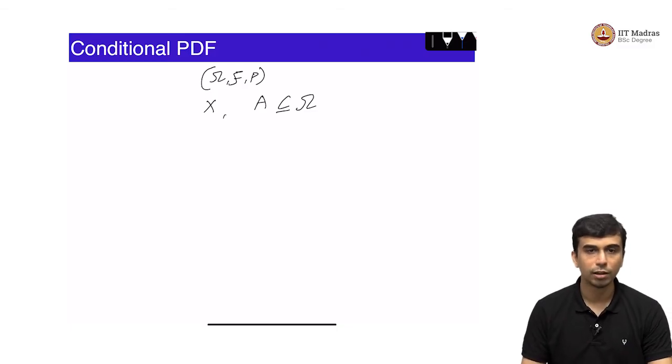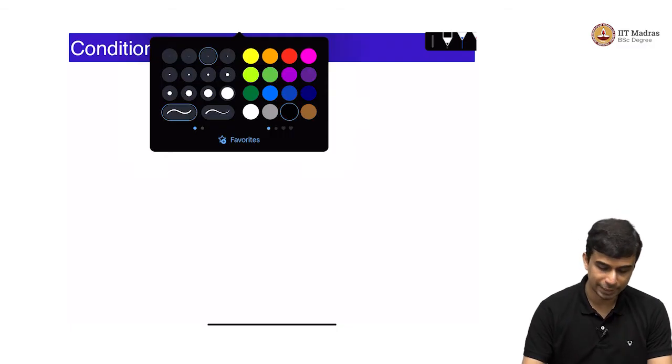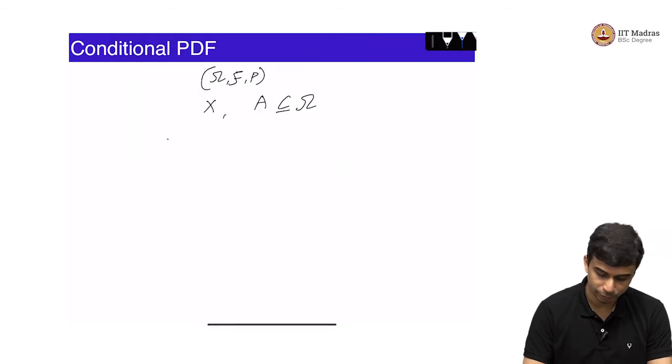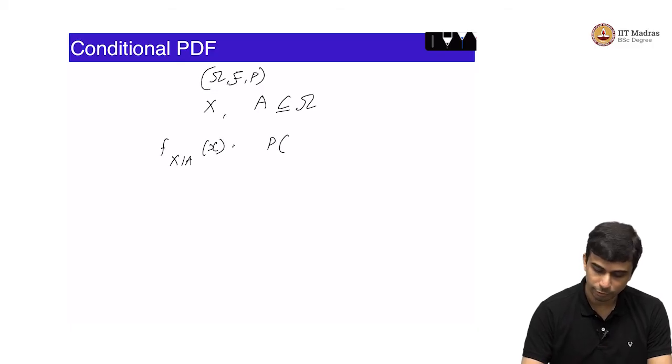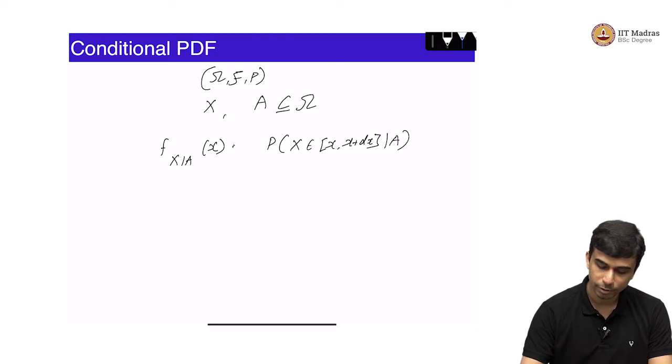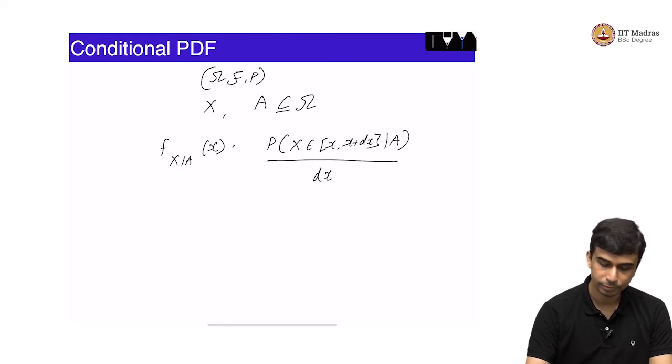The conditional PDF of X is simply as follows: f_{X|A}(x) is simply the probability of X belonging to x to x plus dx given A, divided by dx.